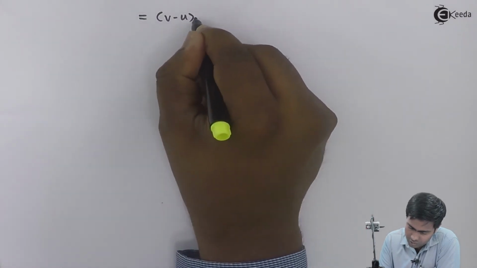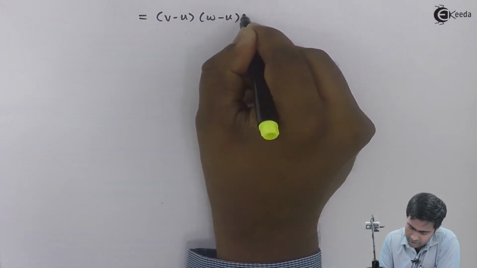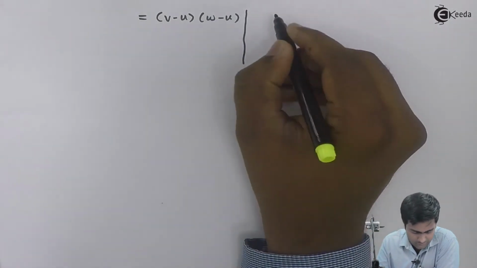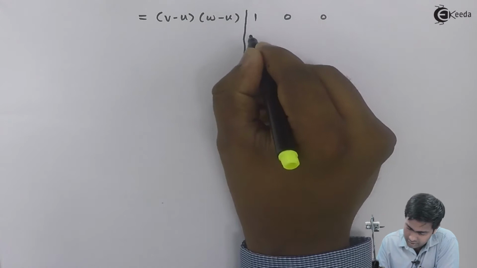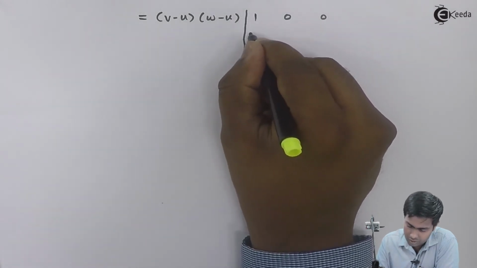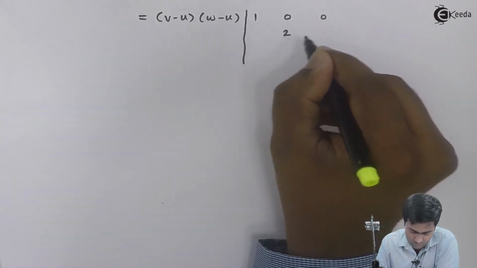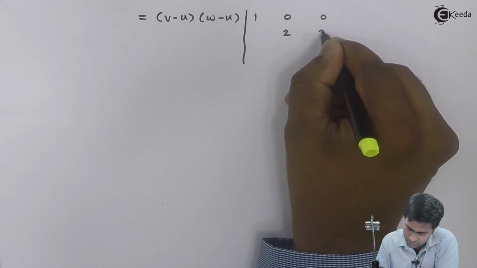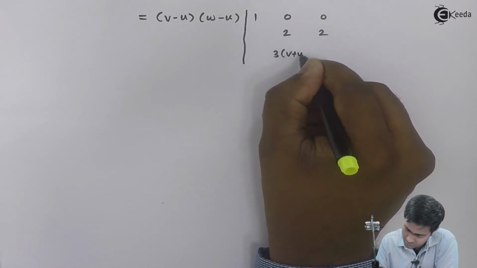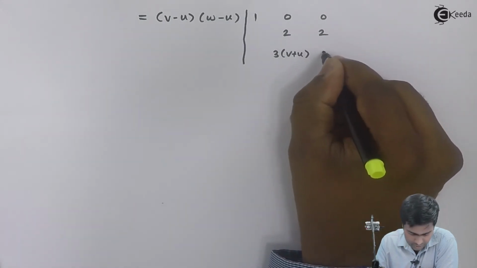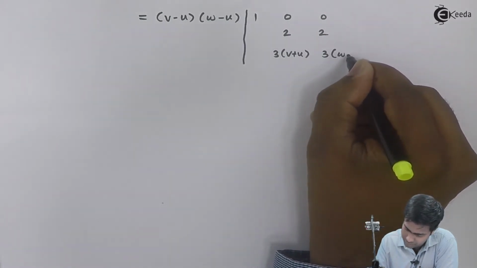So I'll get v minus u outside, w minus u outside, and inside the determinant we'll get 1 0 0, then 2, 2, here 3 times v plus u and 3 times w plus u.